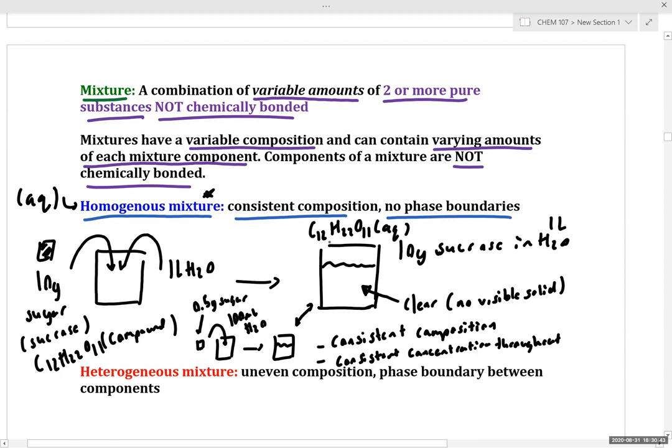This is saying we have sugar dissolved in water. Sugar is mixed with water. Does that make sense to everyone? So the aqueous symbol says mixed with water, homogeneous mixture.